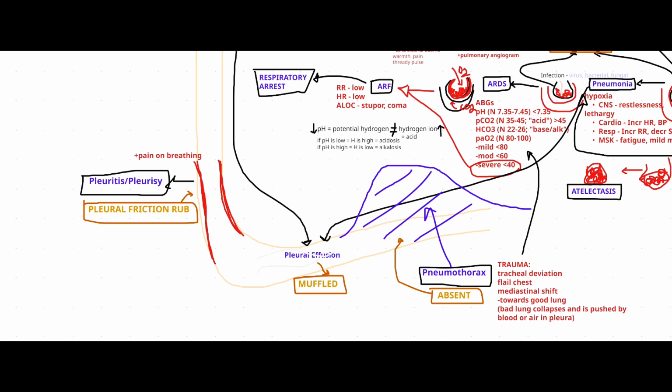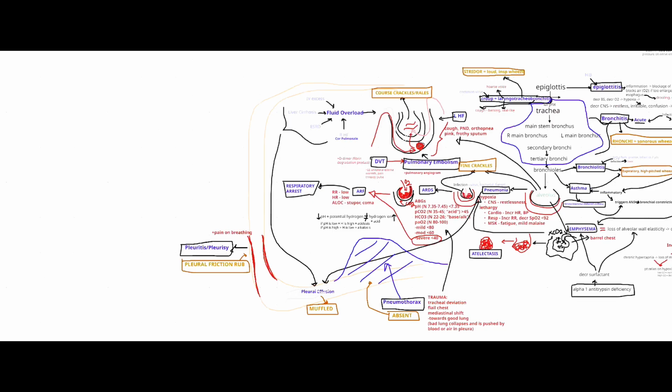Now, this is a little bit different with pleural effusion. So effusion means, again, fluid shifting or blood shifting inside. So what causes that? Again, pneumonia can cause that. Your fluid overload that I talked about here, your liver cirrhosis, your ESRD, your right-sided heart failure, because what they all have in common is there's too much blood in the venous system.